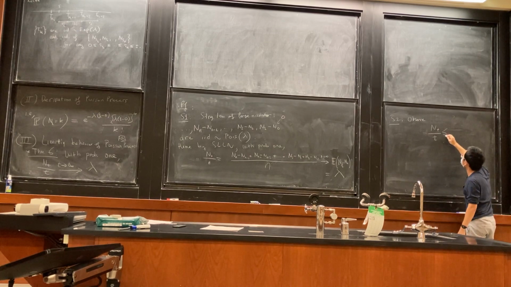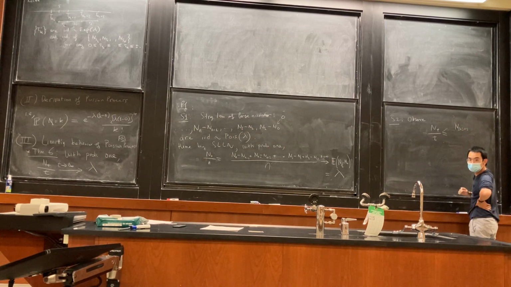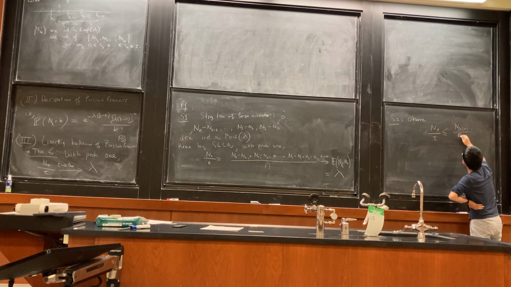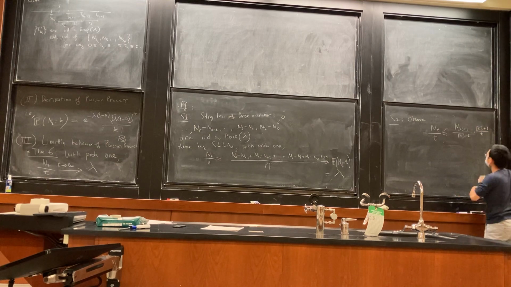This is less than the integer part of t plus 1, divided by t, so we have N of integer t plus 1, times integer t plus 1, divided by t.